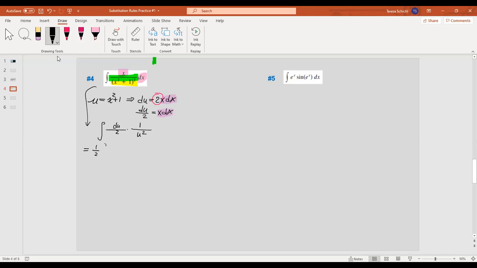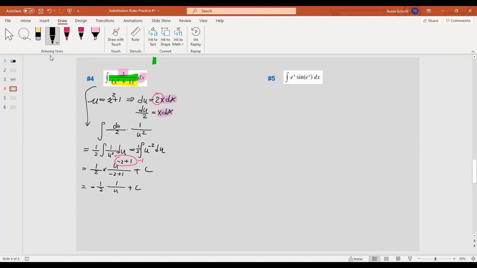I have 1/2 times the integral of 1 over u squared du, which is u to the negative 2 du. So 1/2 times u to the negative 2 plus 1, over negative 2 plus 1, plus c. Negative 2 plus 1 is negative 1, so you have a negative 1/2 and the power becomes negative 1, which means you flip it down: 1 over u plus c.